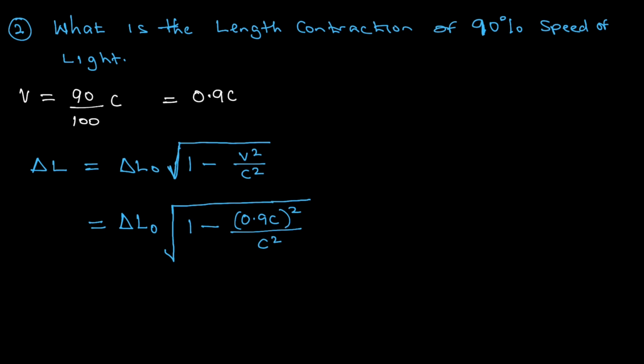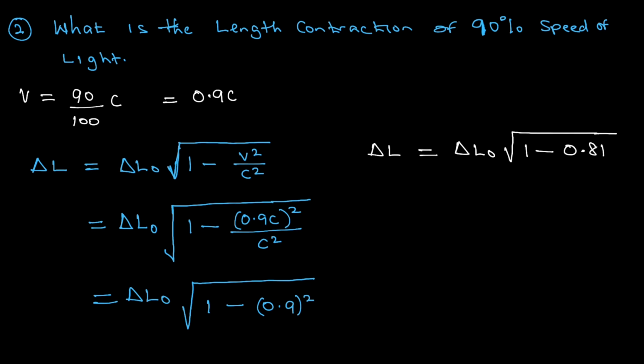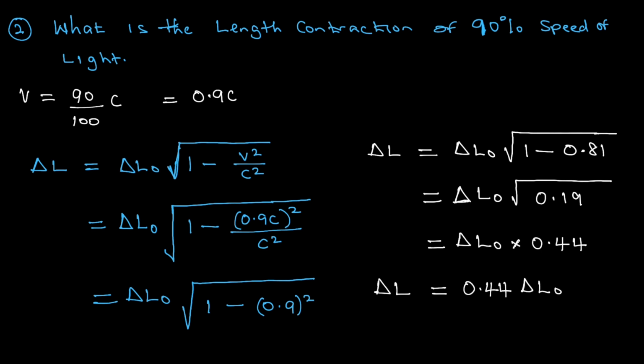Substitute v equals 0.9c into the equation. Then we get delta L naught times root 1 minus 0.9 squared, which gives delta L naught times root 1 minus 0.81, which then gives delta L naught times root 0.19, and that delta L equals 0.44 times delta L naught.